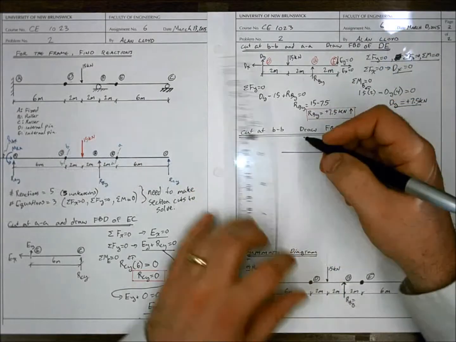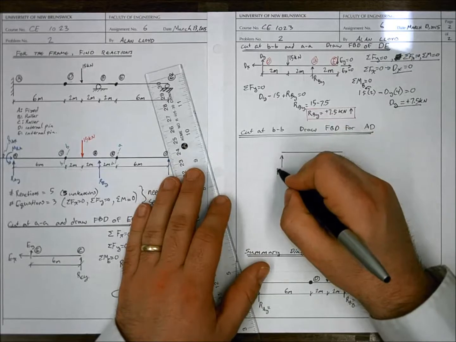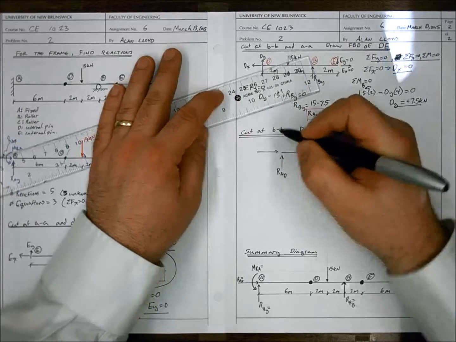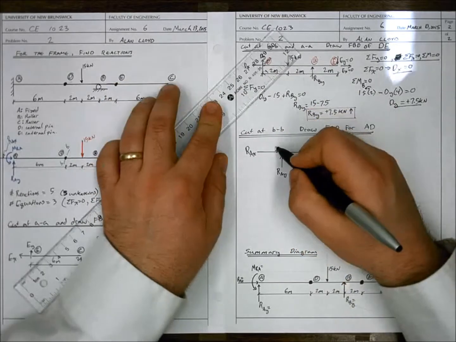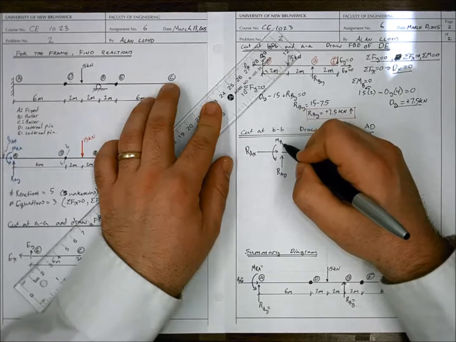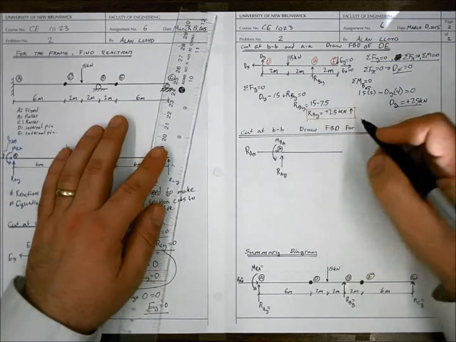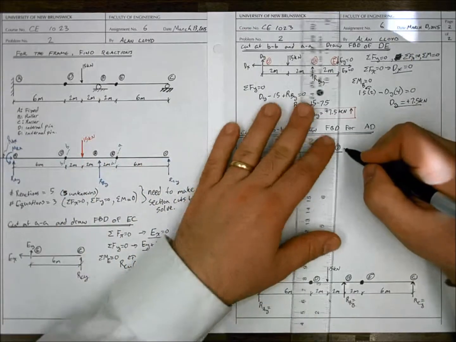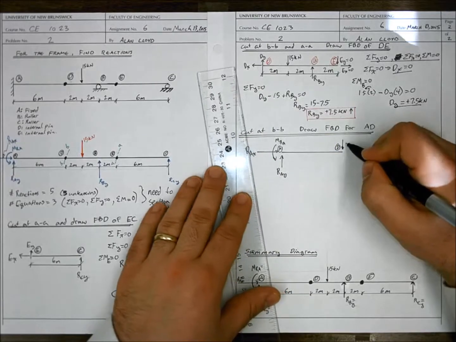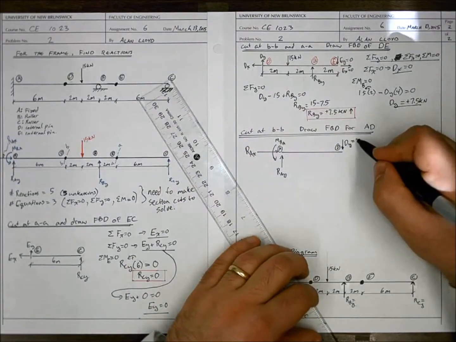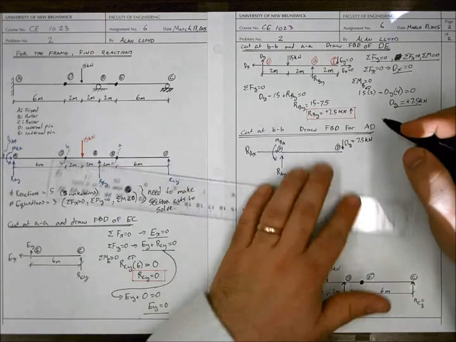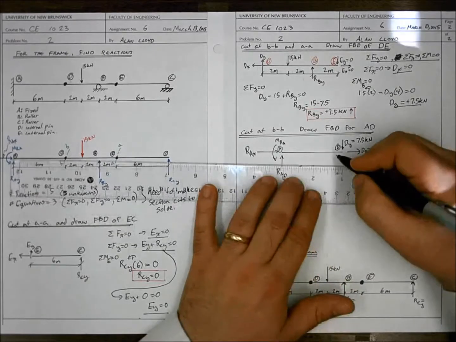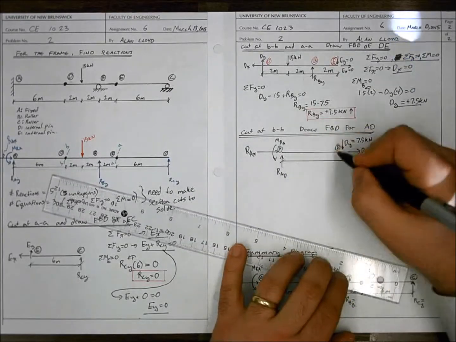We draw in our member here. We have our AY, our horizontal reaction at A, our AX, and our moment, MRA. We have joint A and joint D. At D, we have a force DY now acting downwards, and a DX force that we found was 0. This is separated by 6 meters.